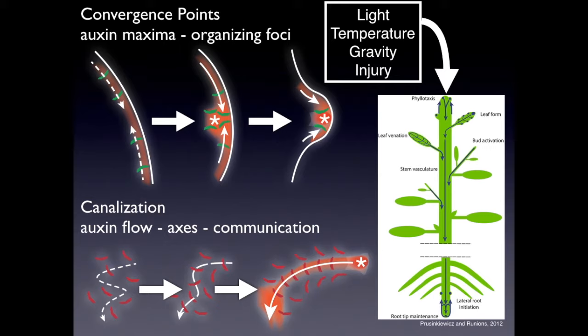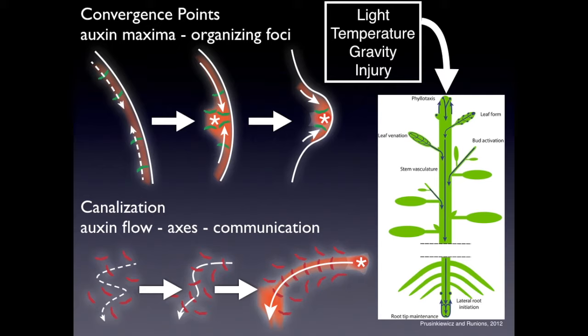The other thing that PINs do, called canalization, really is analogous to this erosion concept that I've been talking about before. And that's that they facilitate bulk transport throughout the plant. And they're able to take loosely polarized tissue and canalize that tissue into strong axes of transport. And these axes of transport become the veins, and those veins create a network of connected transport pathways throughout the plant, and those facilitate long-range communication.